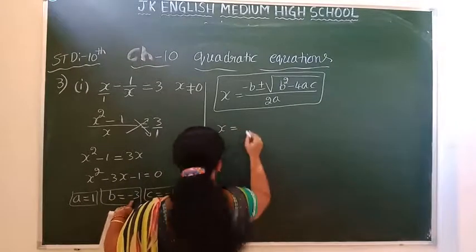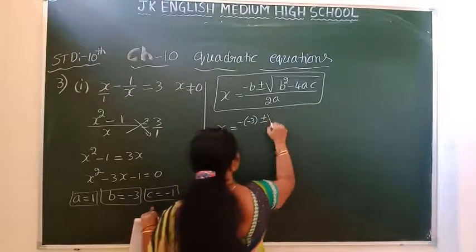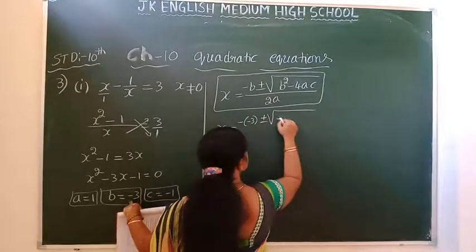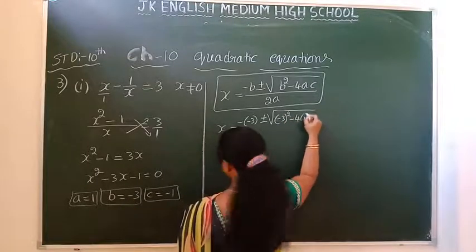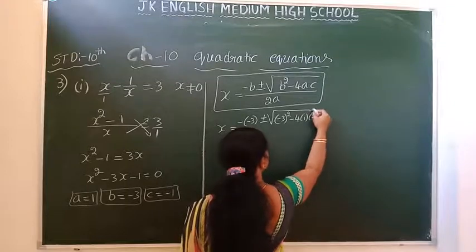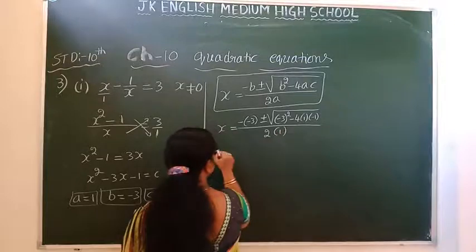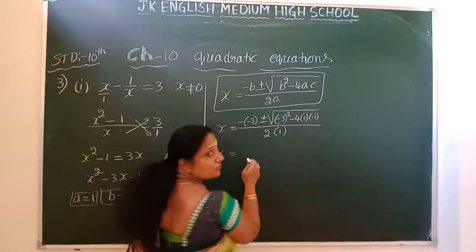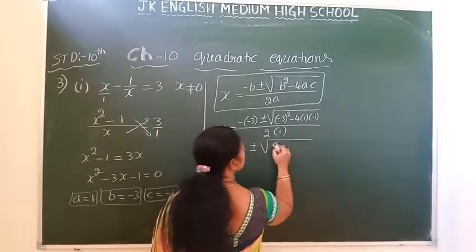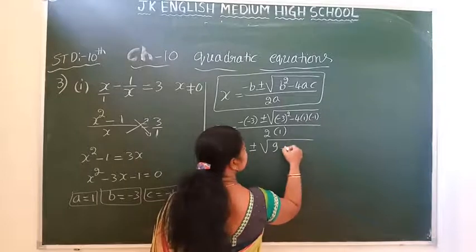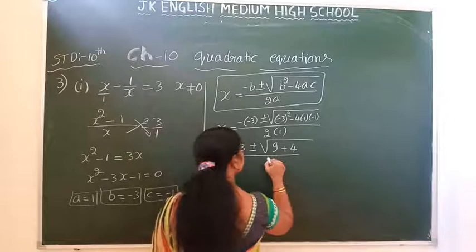Then substitute the values. Substitute b as minus 3: minus of minus 3, plus or minus square root of minus 3 square, minus 4 into a value 1 into c value minus 1, divided by 2 into a value 1. x is equal to 3, plus or minus square root of 9, minus into minus is plus, 4 ones are 4, divided by 2.